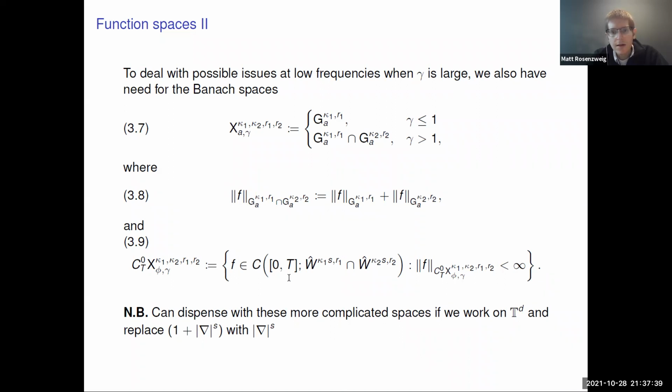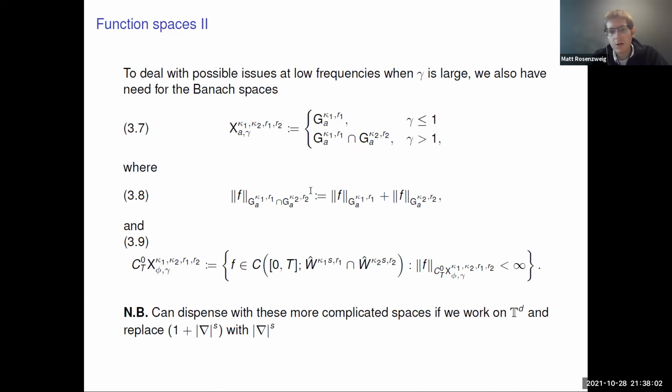And the idea that you should keep in mind is that this R_1 is going to correspond to the R that I always have, and I want R to be close to 1 because this is going to deal with the high frequency problems. But when gamma is large, I need R_2 to be something which is now large.